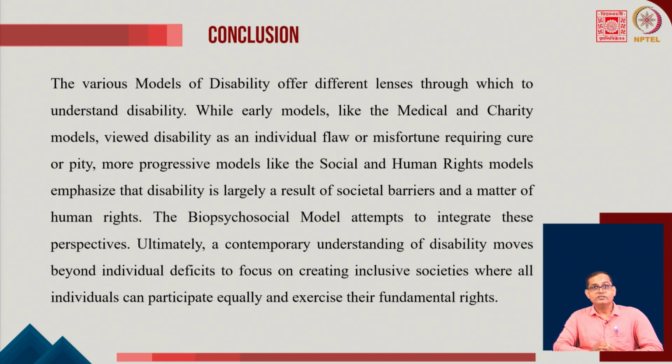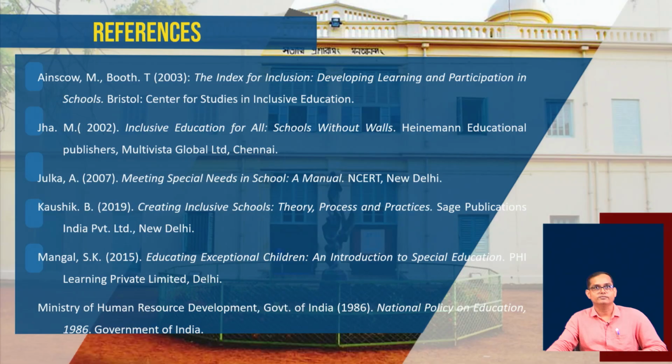The biopsychosocial model attempts to integrate these perspectives. Ultimately, a contemporary understanding of disability moves beyond individual deficit to focus on creating inclusive societies where all individuals can participate equally and exercise their fundamental rights.